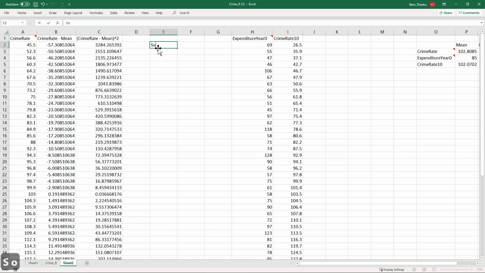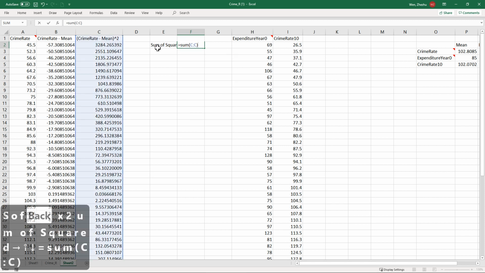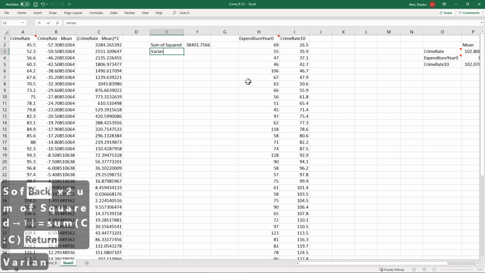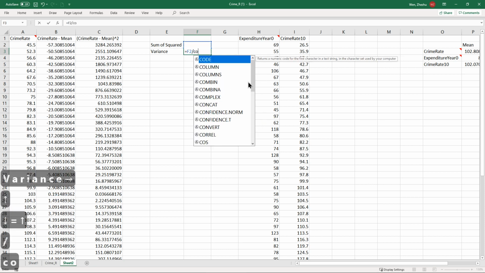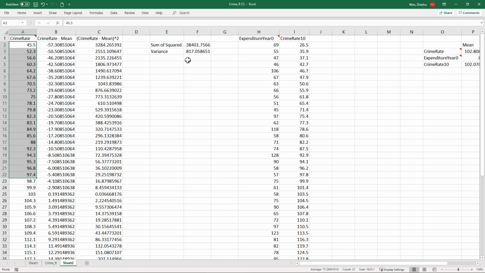So sum of squared, it's going to be sum C to C, right? This is all I need here. And our variance, of course, is going to be this guy divided by the count formula, A to A. So count is going to return us the number of numeric values within a given range.